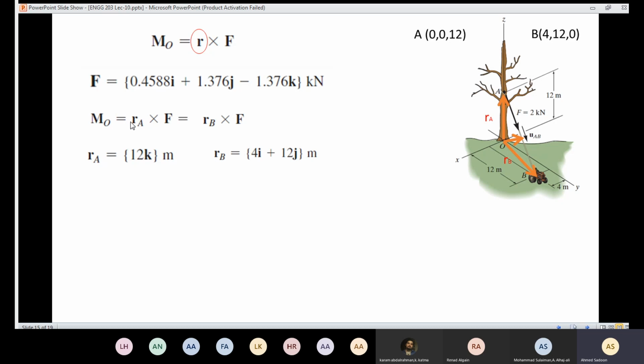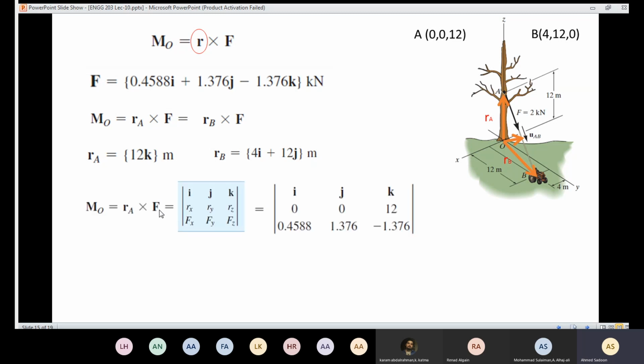Now, I know RA, I know F, or you can use this formula, and in that case, I know RB and I know F. Then I'm going to put them in a matrix in order to calculate their determinant. So M vector equals R vector cross F. We're going to use this one, IJK, RX, RY, RZ, FX, FY, FZ. I'm going to put those as they are.